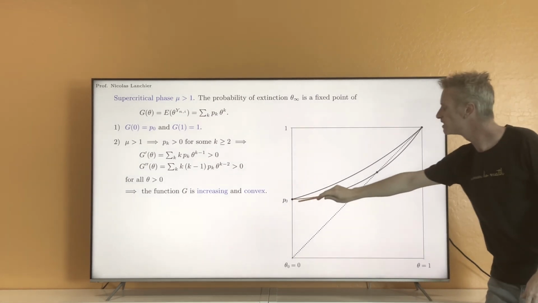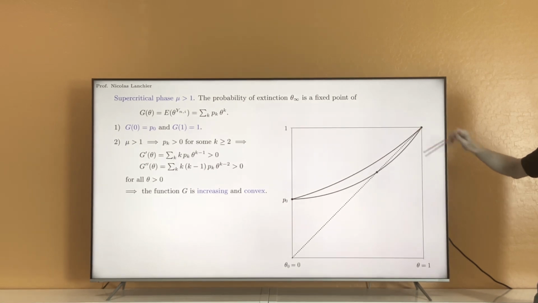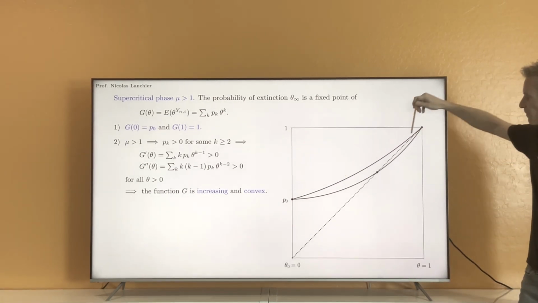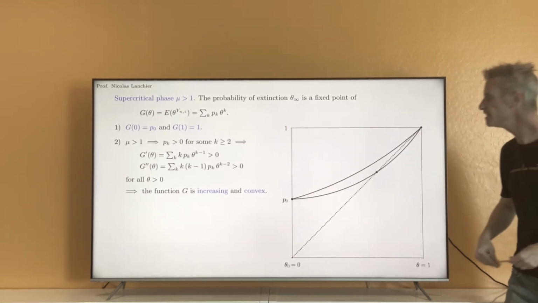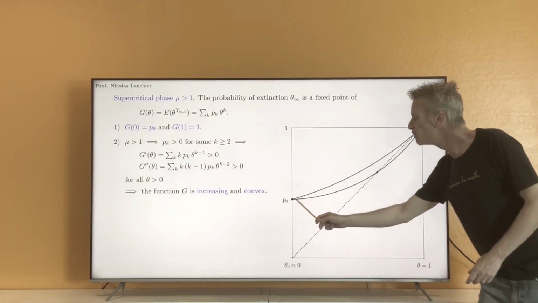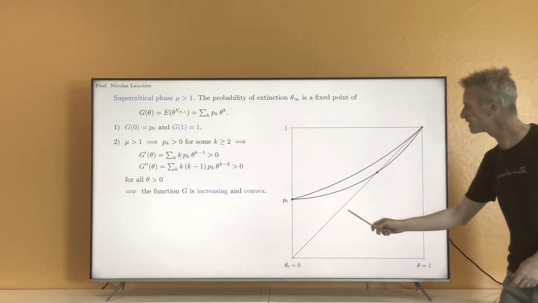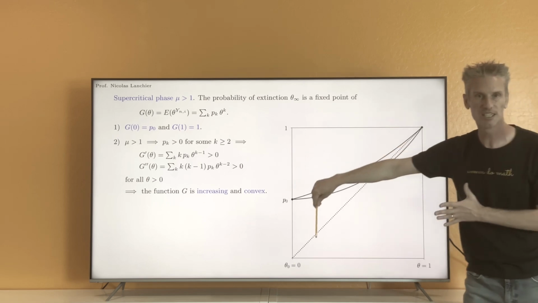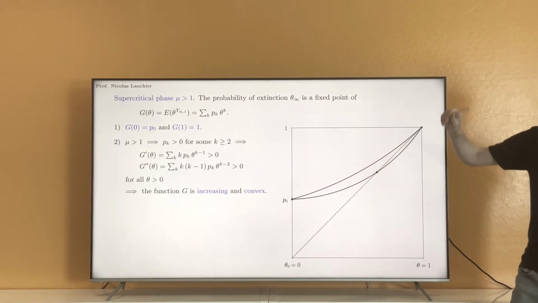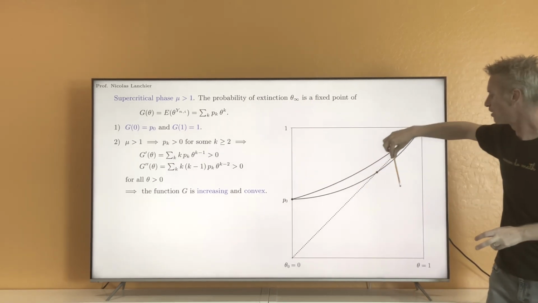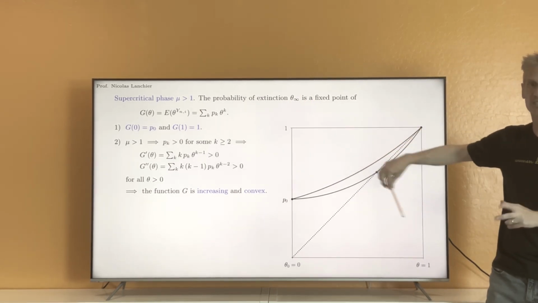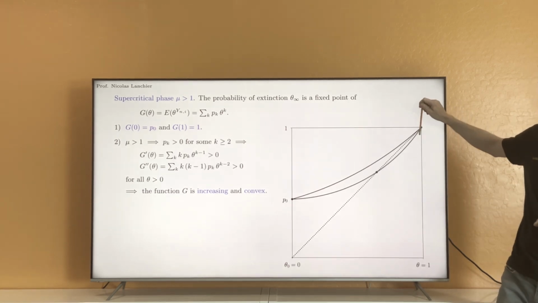What we want is this other case here. So how do we exclude this case and say that no, what indeed happens is that this graph is going to intersect this straight line strictly between 0 and 1, which hopefully will make this theta infinity a number that is strictly between 0 and 1 and not this point 1 here.